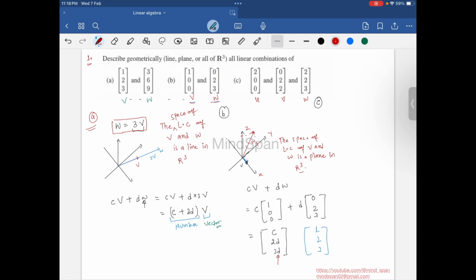So you can look at this u, v and w, and you can say that all these three vectors are in different direction. Or you can say these are independent, but let's not use this word independent. So these three vectors are in different direction. If you draw these three vectors, they will be in three directions.